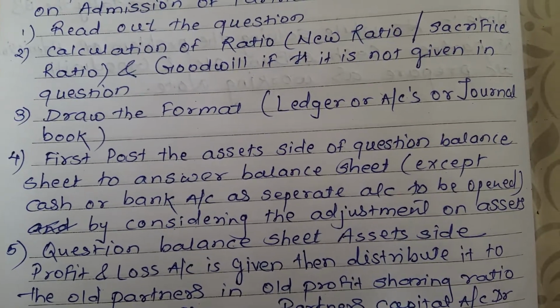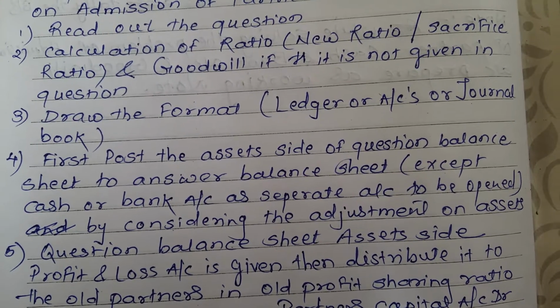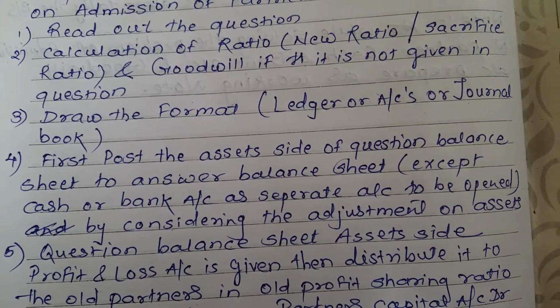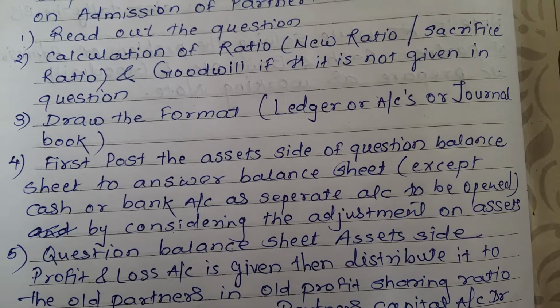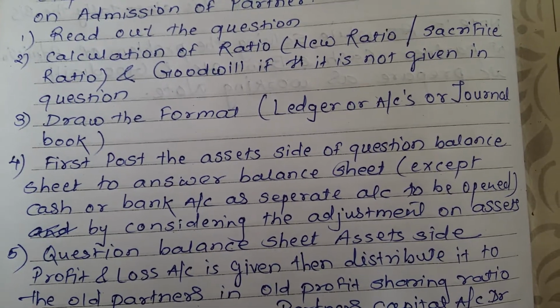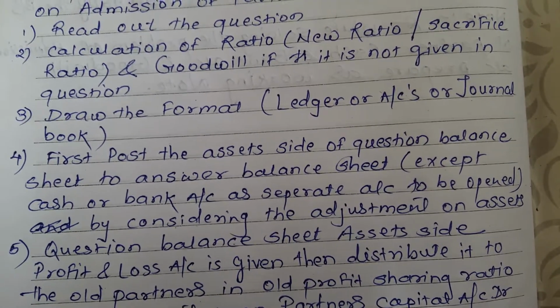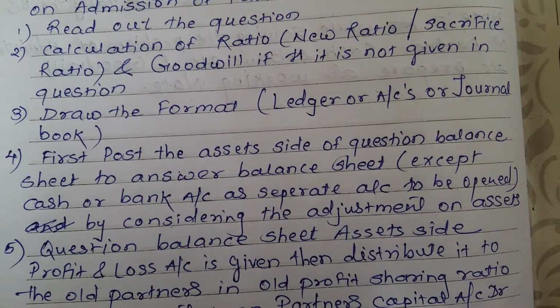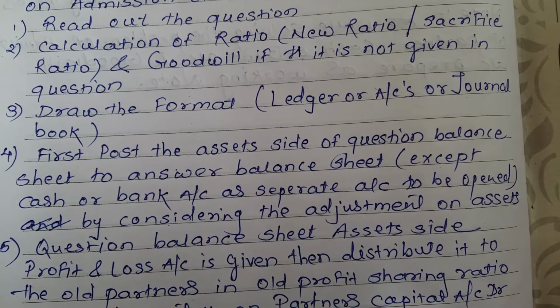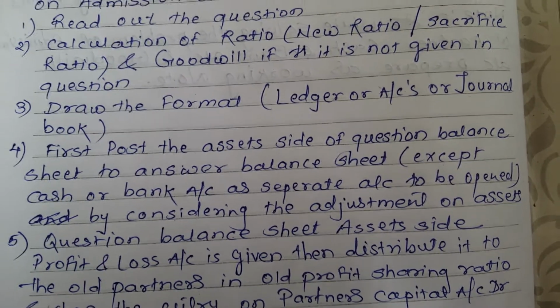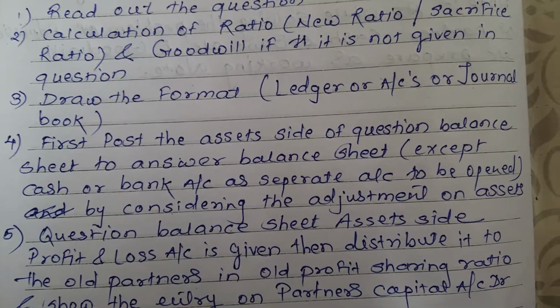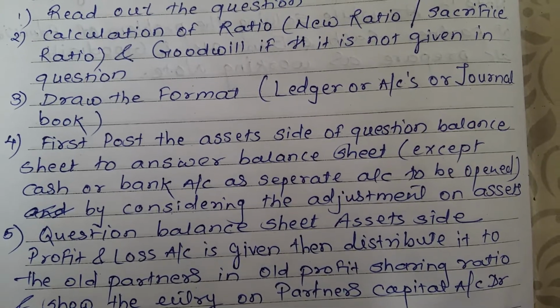But for our safer side, for ourselves to solve the question without making mistakes, we will prepare the goodwill account and cash or bank account as a working note in our answer, right?